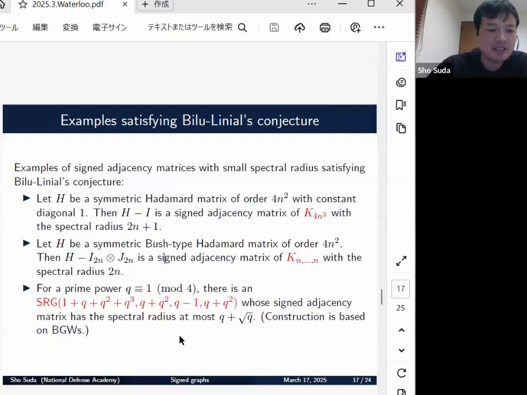Likewise, in the divisible design graph case, we can find some examples of strongly regular graphs with these 4 parameters, for which there is some signing satisfying the bilinear conjecture. In this construction, our signing has spectral radius at most q plus square root of q. We couldn't find the exact value of the spectral radius, but we can give an upper bound, and it satisfies their conjecture.